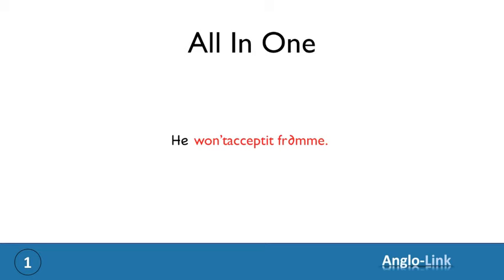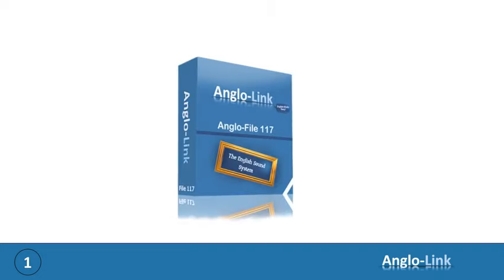Now, if you have never studied the English sound system, if you've never studied pronunciation on its own, I strongly recommend our Anglofile 117. In this Anglofile, you will have a complete list of all the vowels, of all the diphthongs, all the consonants in English that you can practice.